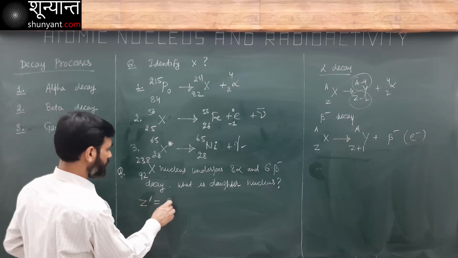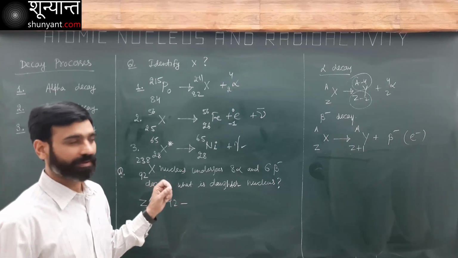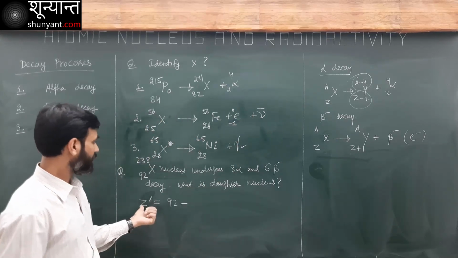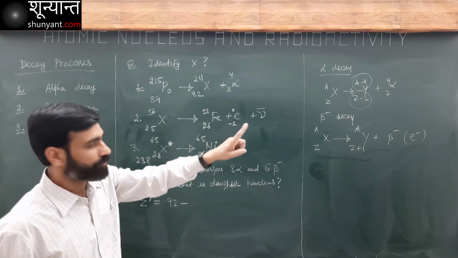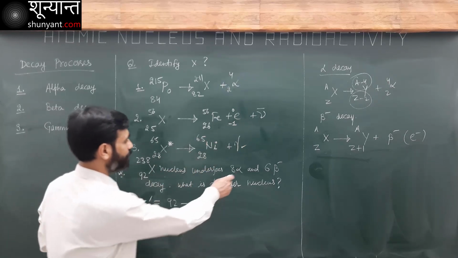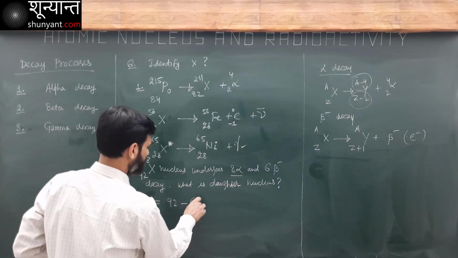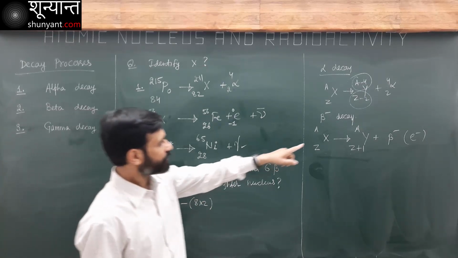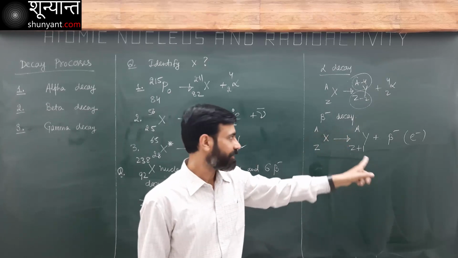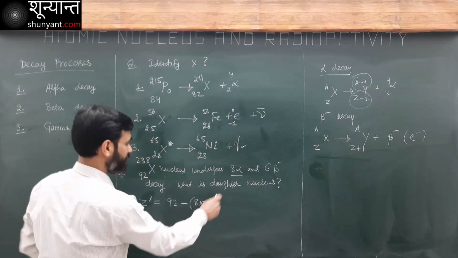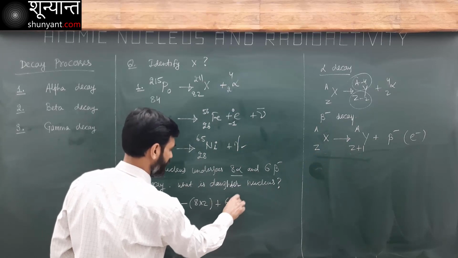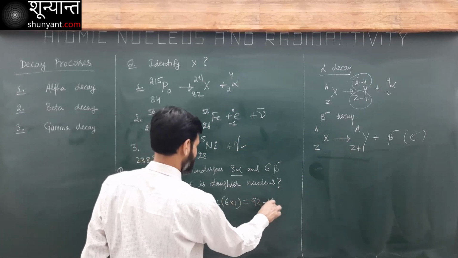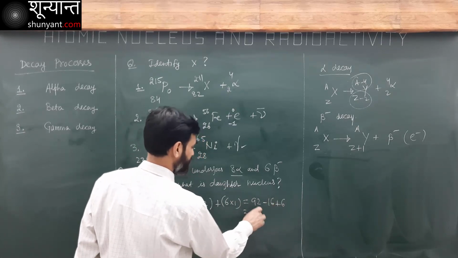It is going to be equal to 92 minus: because of alpha decay, the atomic number decreases by 2 for 1 alpha decay. I have 8 alpha decays, so 8 times 2. Because of beta decay, it increases by 1. I have 6 beta decays, so plus 6 times 1. So this is 92 minus 16 plus 6, which is 82.